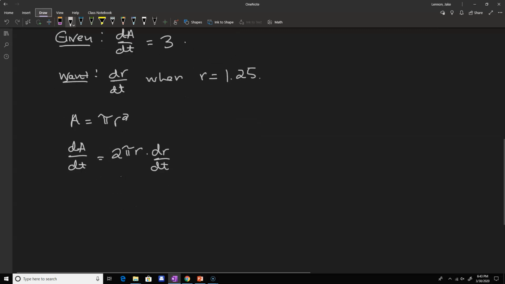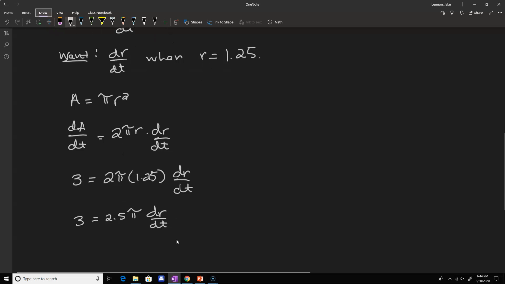Then we just plug in the things that we know. We plug in 3 for dA dt, that's given. Pi is just a constant. R is 1.25, and then we're just left with dr dt. So essentially, we have 3 is equal to 2.5 pi times dr dt.